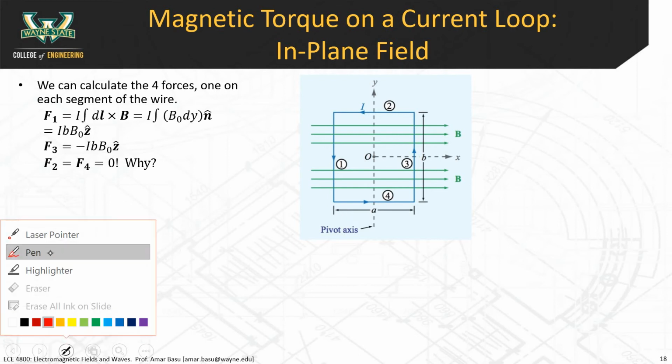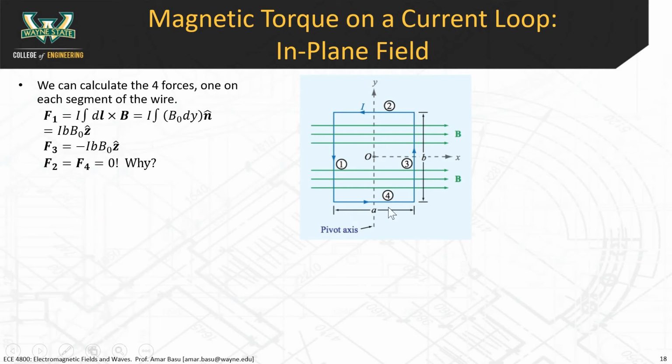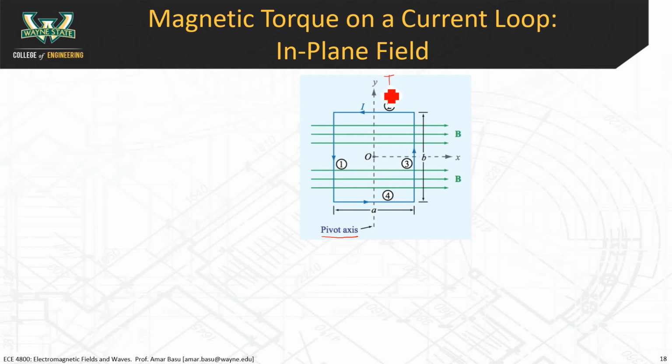All right, you have these 4 segments of the loop, and we want to find the total torque on the loop. So key point here is this is the pivot axis. So our direction of torque is going to be in this direction. So the torque vector is going to be pointing here, and the axis of rotation is going to be like this.